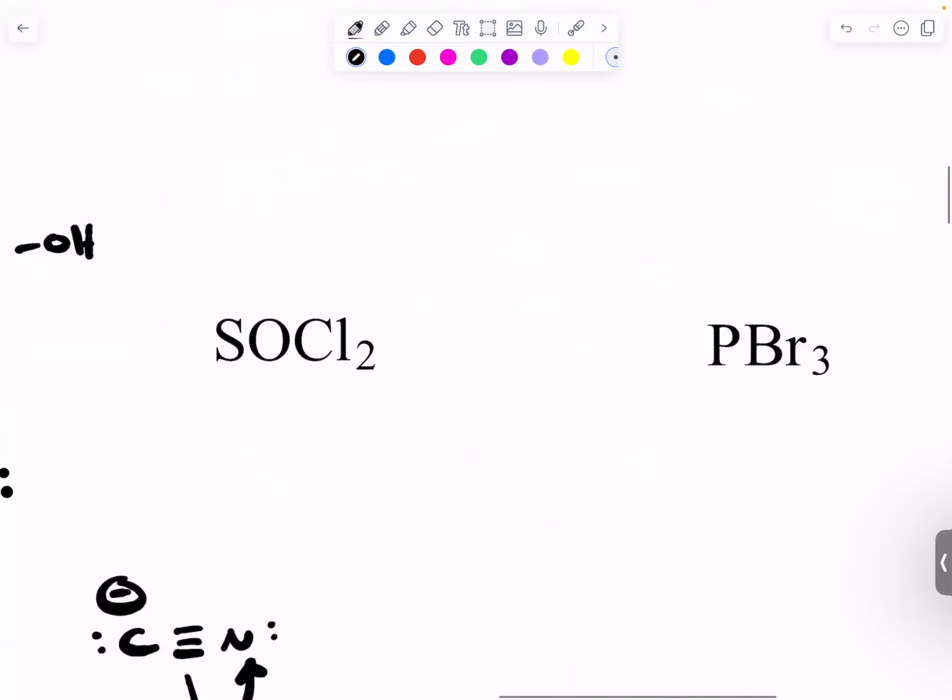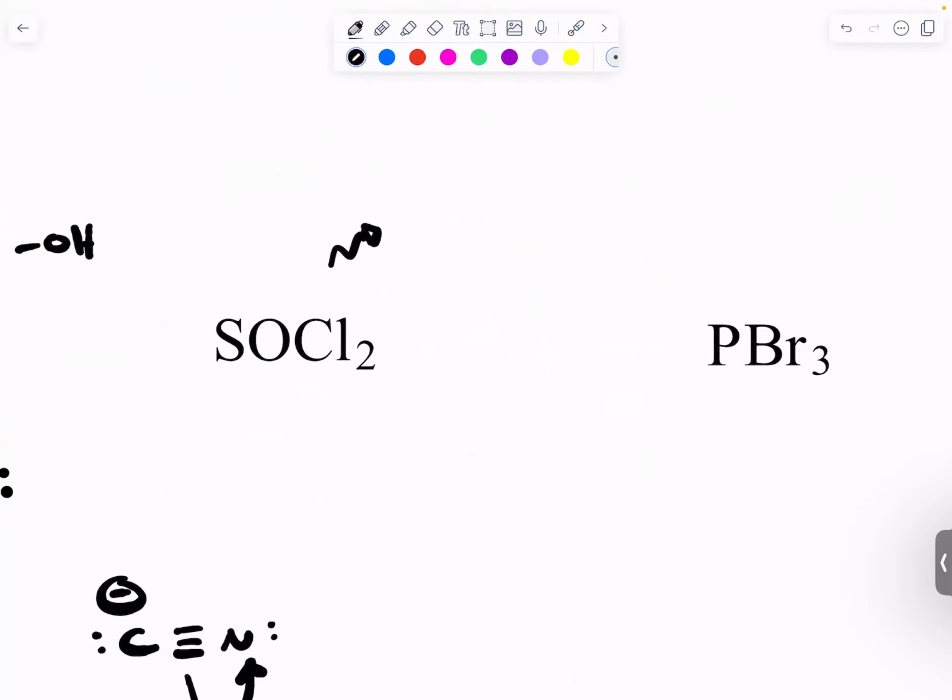Okay. So we have a halogen and we have sulfur. Oh boy. So how would this look? Well, sulfur wants 6.